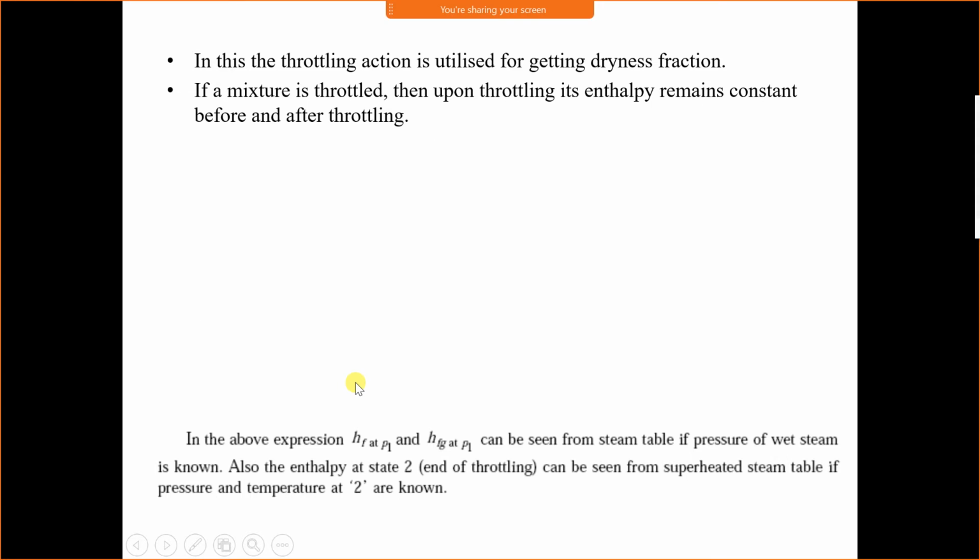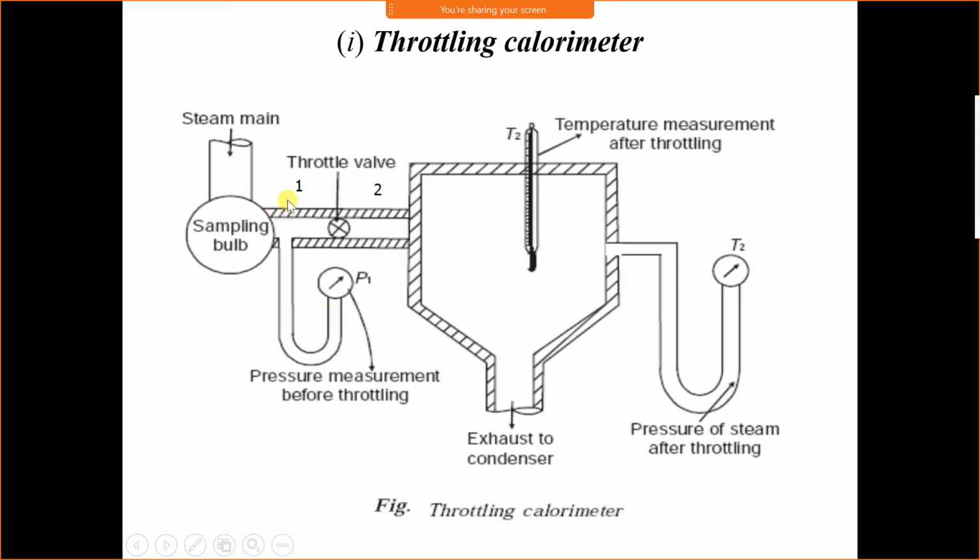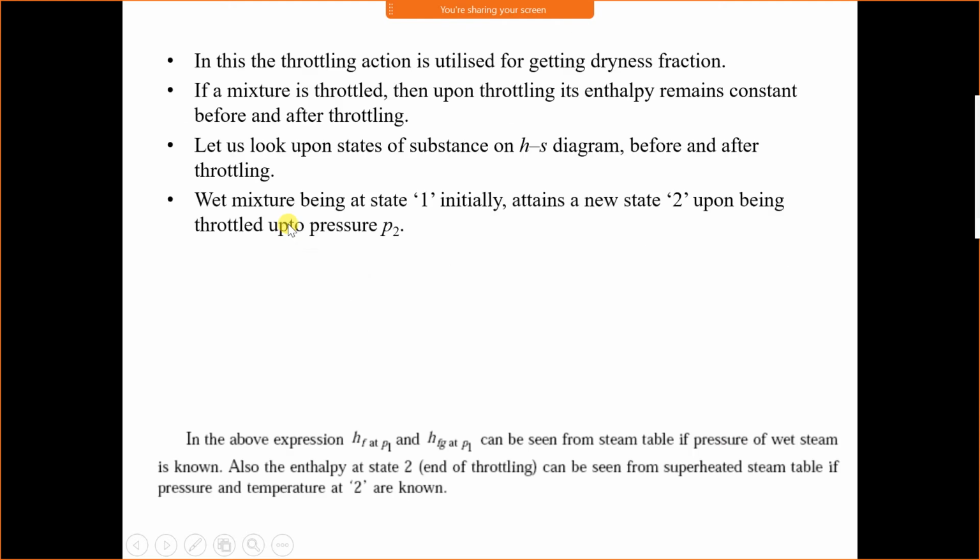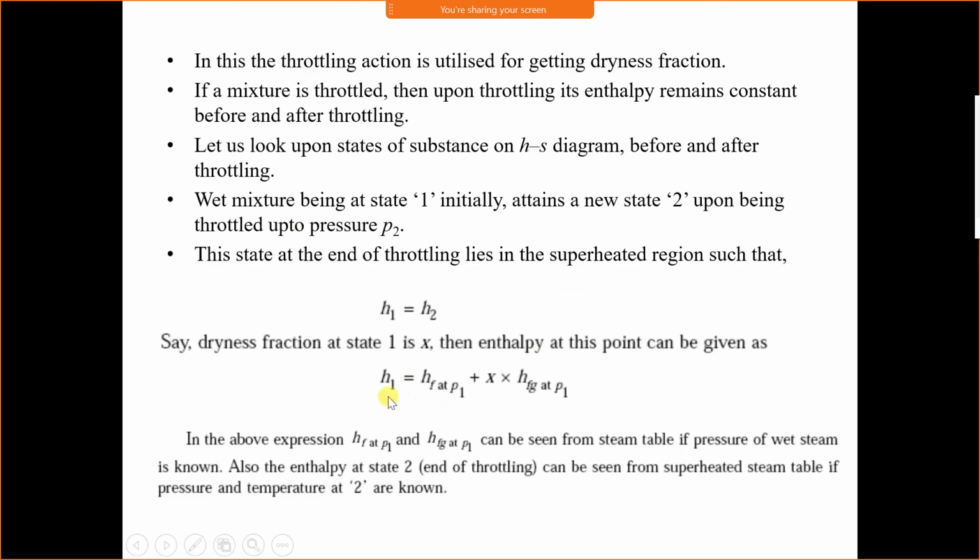Therefore, in region 1, enthalpy is equal to H1. Since it is wet, the formula is H1 equals HF plus X HFG at pressure P1.